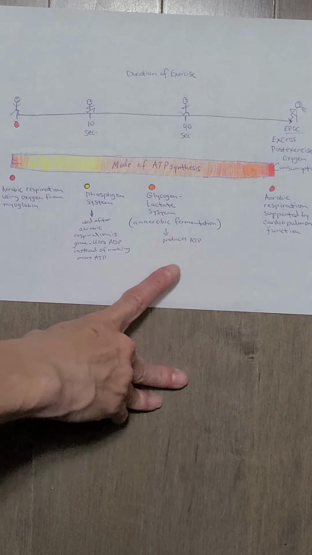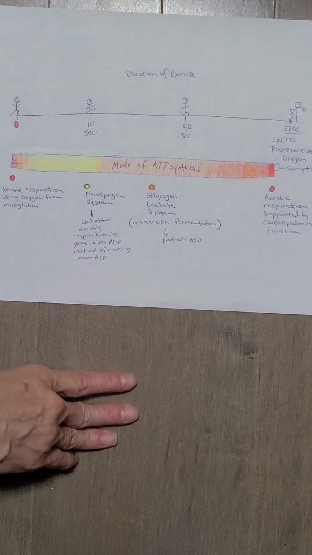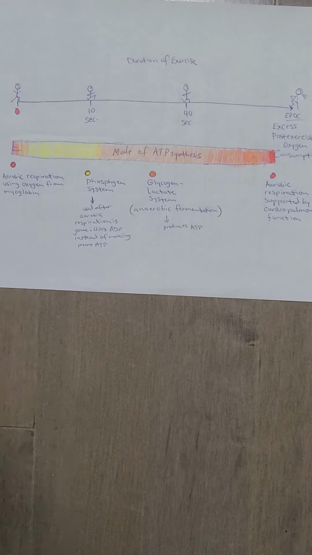And then you go on to the next phase of the glycogen-lactate system, which is the anaerobic fermentation, and it does produce the ATP. And then the last is the EPOC, which is excessive post-exercise oxygen consumption. And that's where aerobic respiration is supported by cardiopulmonary function.